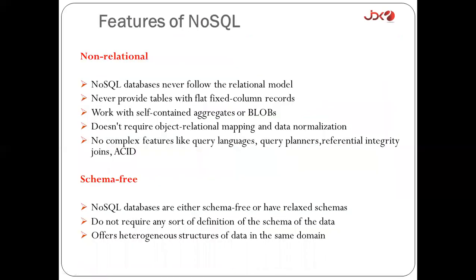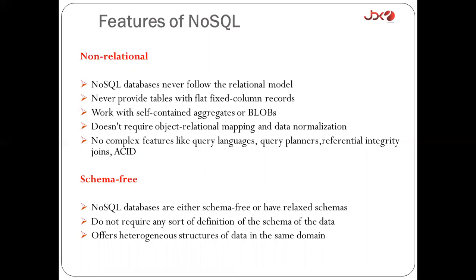The features of NoSQL: the database never follows relational models, and has no flat fixed-column records. It mainly works as self-contained, with no object relational mapping or data normalization, and no complex features like a query language, query planner, or integrated joins.